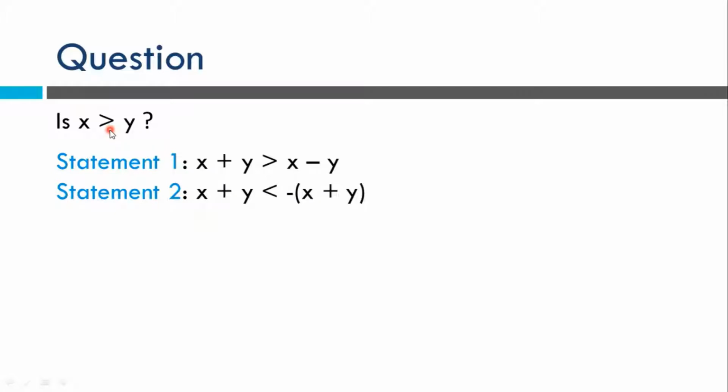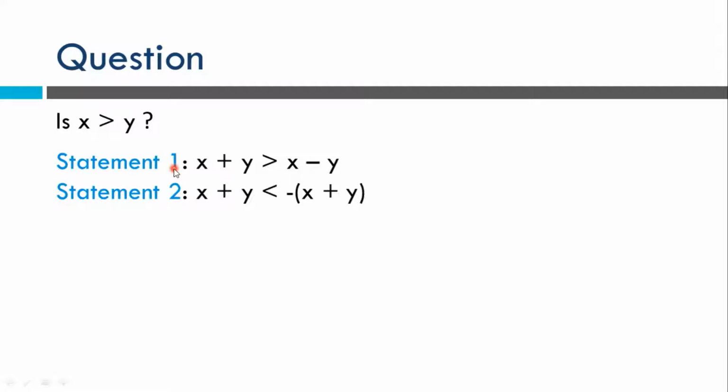Very simple in a sense that if you are selecting any two numbers, if one is greater than the other one, then statement 1 says that the sum of these two numbers must be greater than their difference. Are you getting this? The sum is greater than their difference if x is greater than y. So this statement number 1 alone is true.